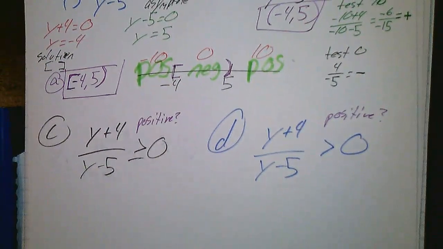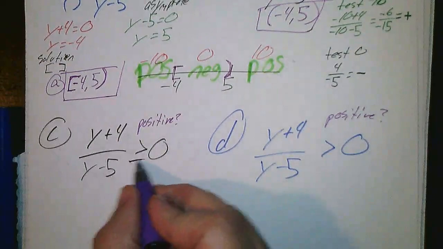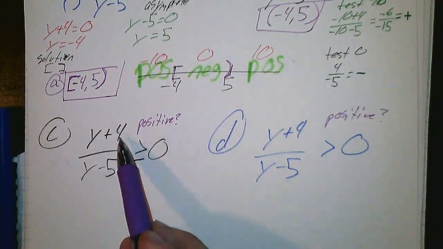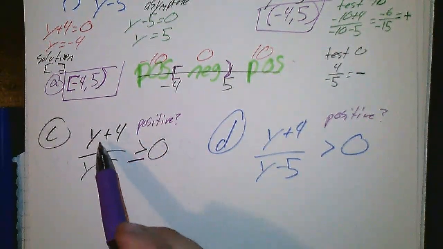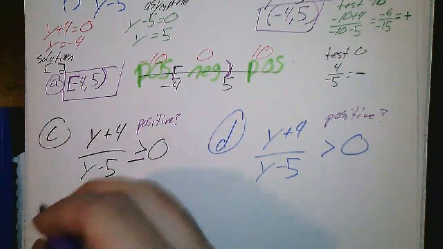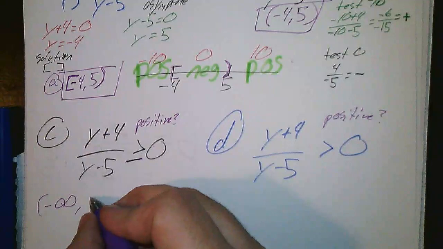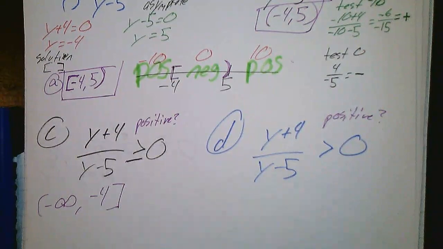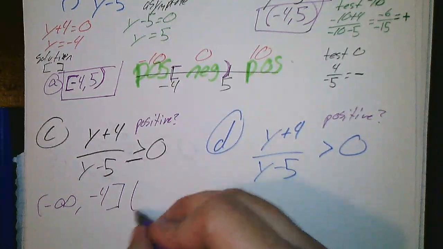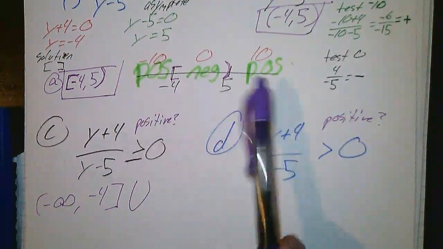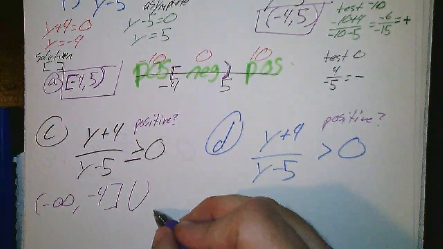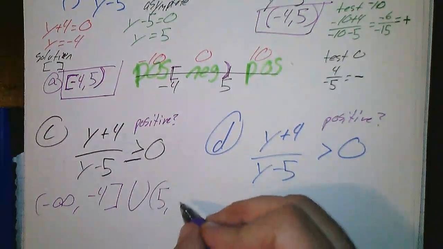So a line under the symbol means we can use a bracket for the solution. So we have these two regions. We go from negative infinity to -4 with a bracket, because that's included, unioned with parentheses 5 to infinity.